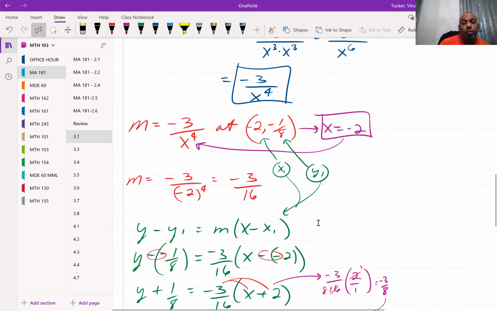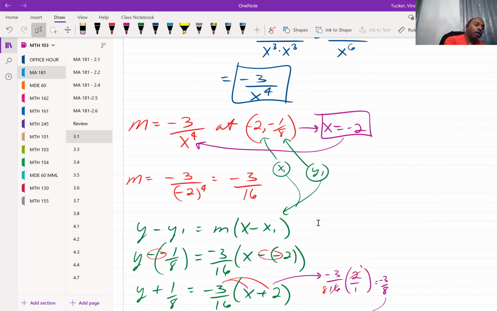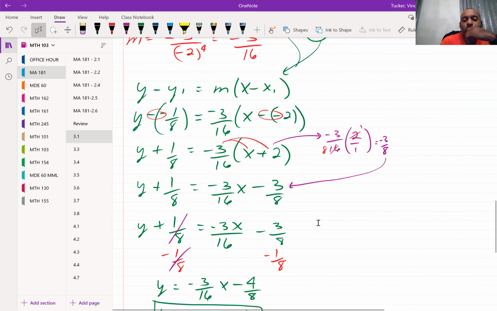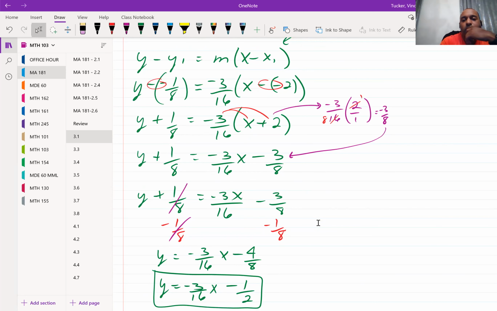Then use your slope and the point that they gave in the point slope formula to get your equation. So any questions? Everybody good? All right, try the stuff out, see if you get stuck on any of them, and we can do them again.